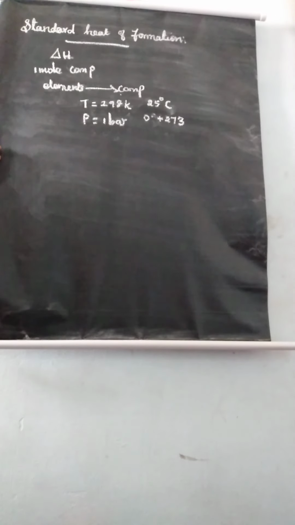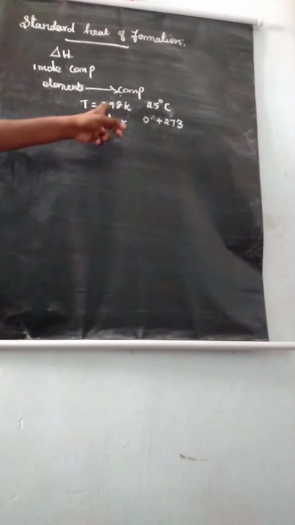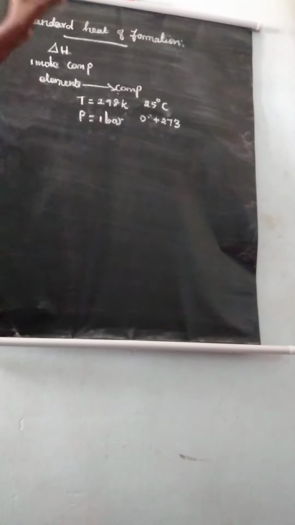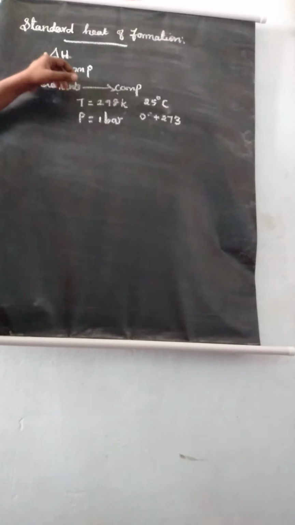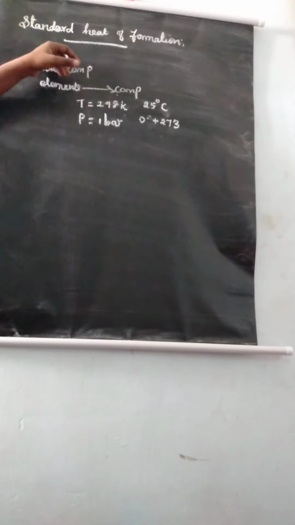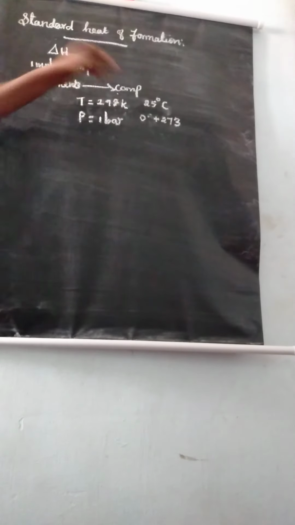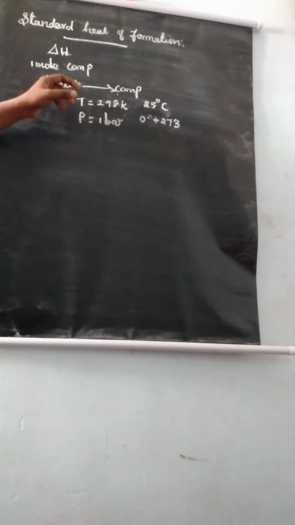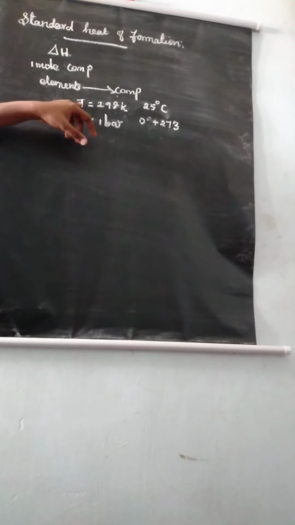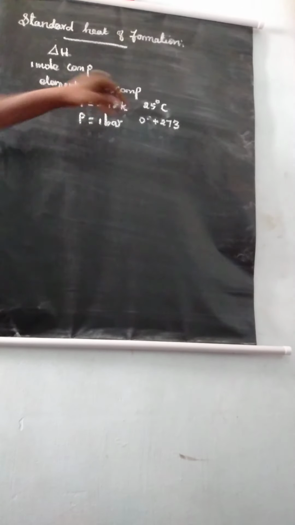If you add 273 to 25 degrees Celsius, you get the answer 298 Kelvin. So listen to the definition: standard heat of formation means the change in enthalpy that takes place when 1 mole of compound is formed from its elements present in their standard states, temperature 298 Kelvin and pressure 1 bar. Understand?